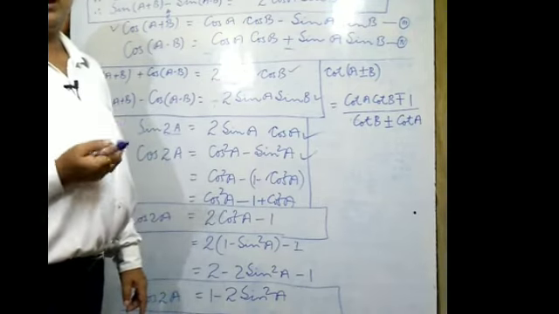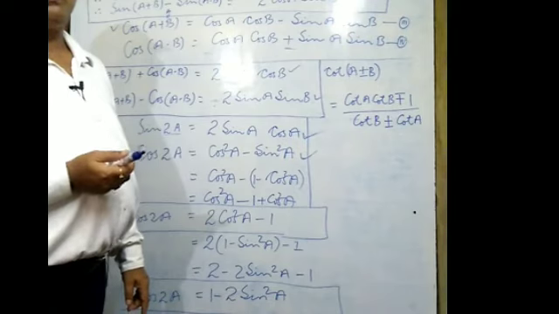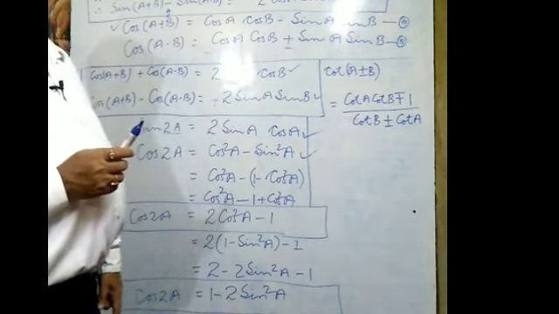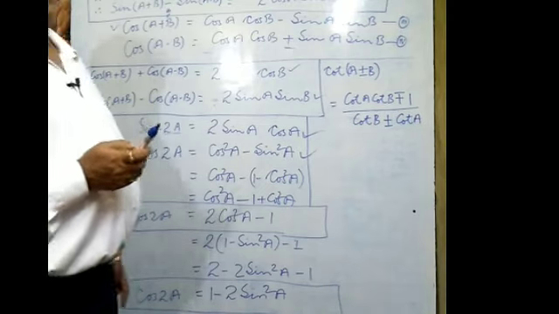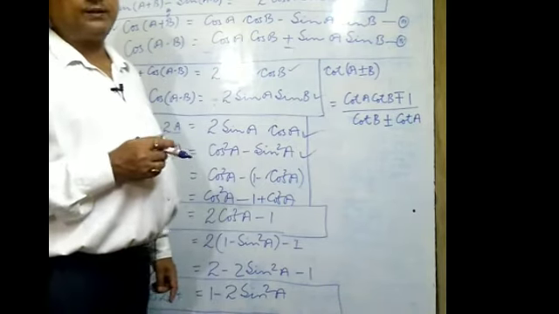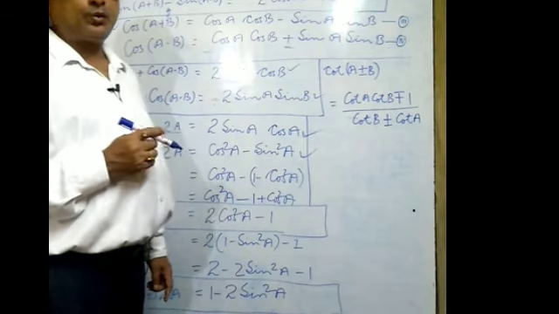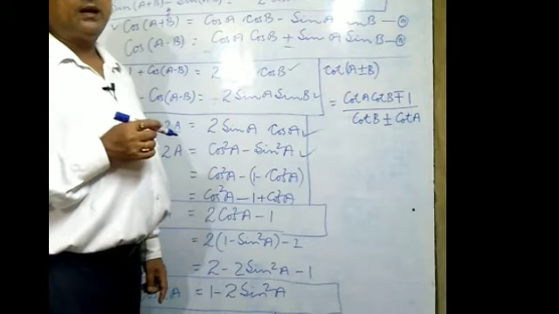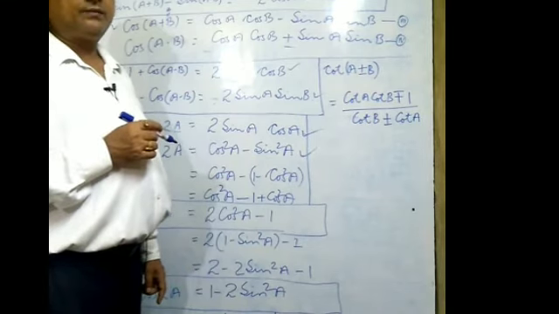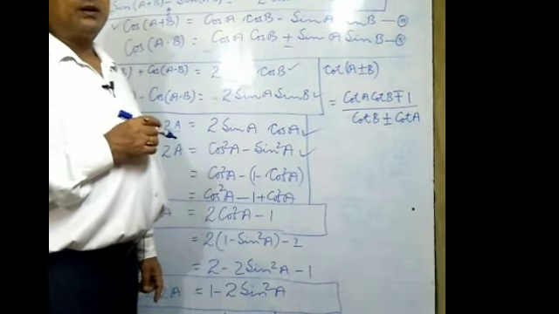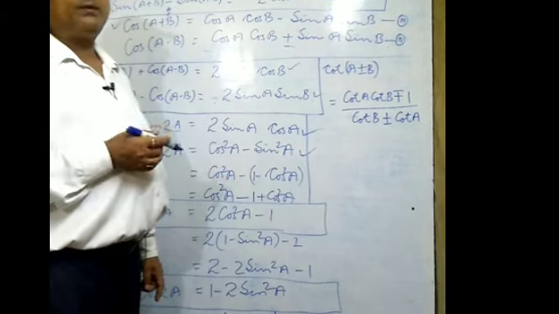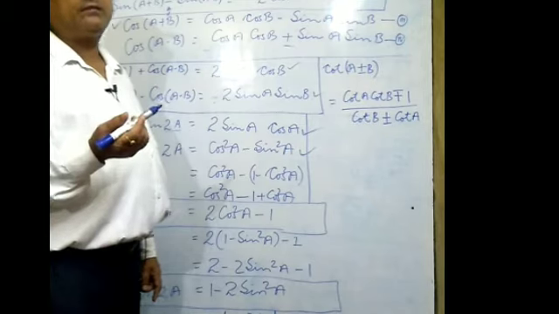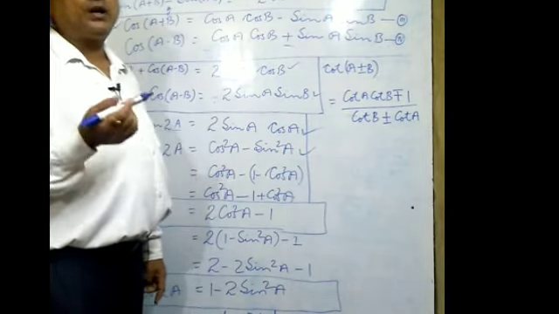So we have to convert according to the identities which were taught previously, either in class 10, in first year, or here in second year. We have to observe those identities and convert in terms of sin, and also in terms of cos, because you know sin and cos are interconnected.